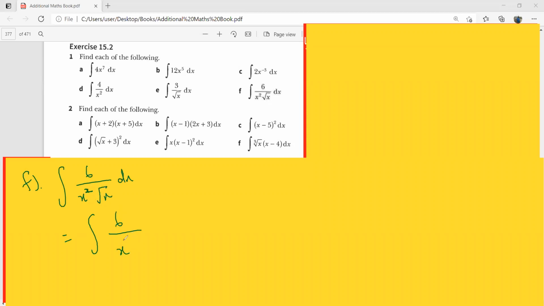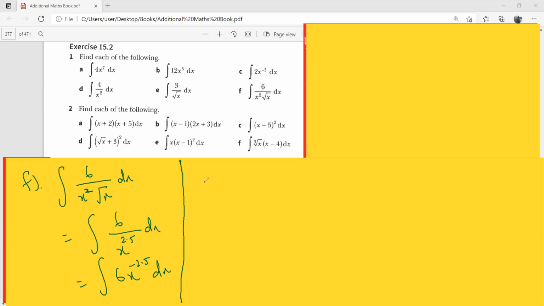Let me write this as 2.5. I can use the decimals as well. Now this becomes 6x raised to power minus 2.5, because this has to be there in the numerator. You cannot integrate the things which are there in the denominator. You have to move them unless this is impossible to be handle. And that will be your P3 A levels integration. In your additional maths, you have to move whatever you have to the numerator.